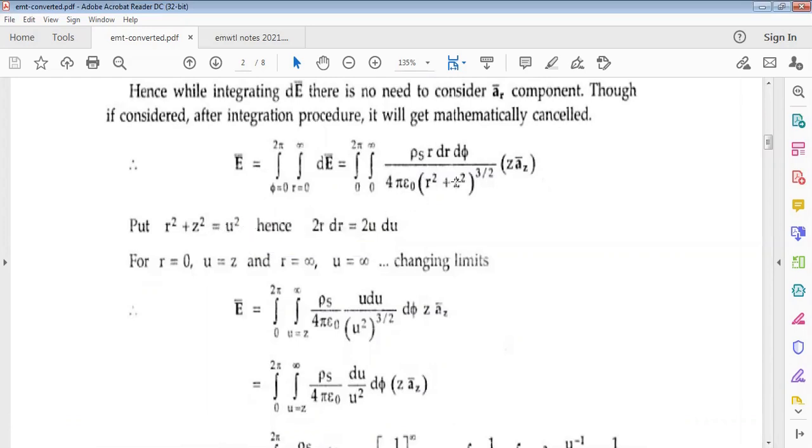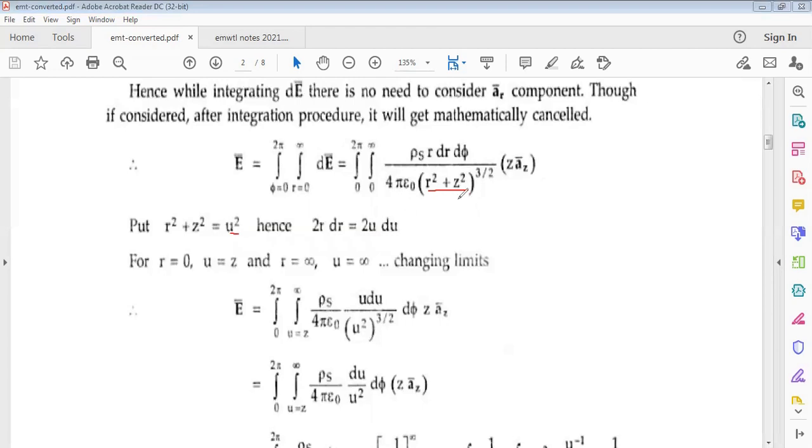Apply the derivative on both sides with respect to R and mu. The derivative of R square is 2R dr, and Z is a constant. Mu square is the variable we are taking, so 2 mu d mu. Got it, my students? For simplifying this integral, I use R square plus Z square as mu square, and apply the derivative on both sides with Z constant: R square gives 2R dr and mu square gives 2 mu d mu.